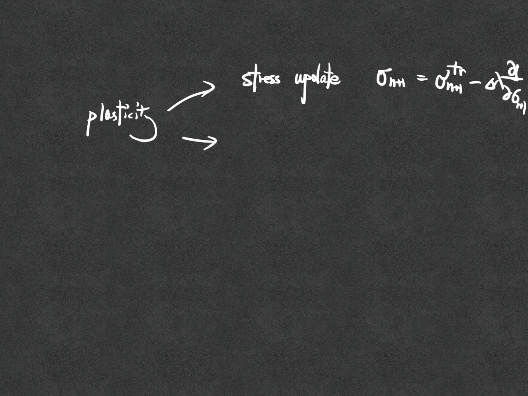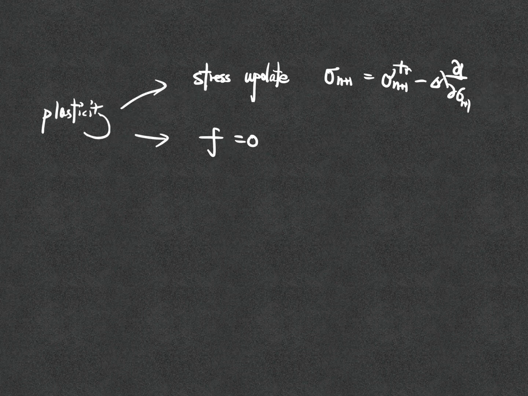What are the other ingredients? I want f to be equal to 0. You see what I mean? So that implies that the principal stresses in the new state remain on the yield surface, equal to 0. Does that make sense?